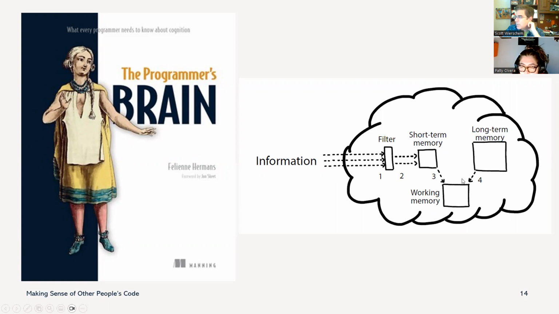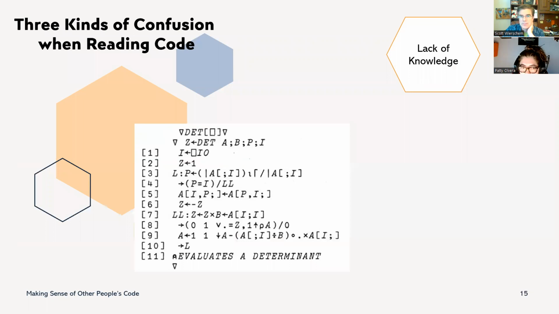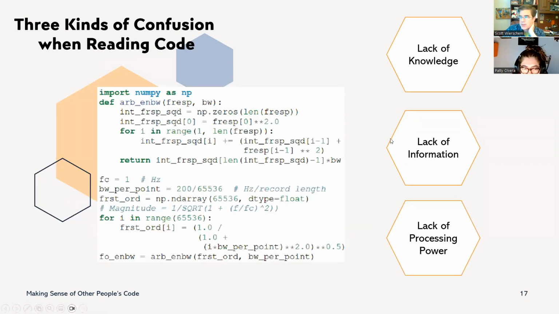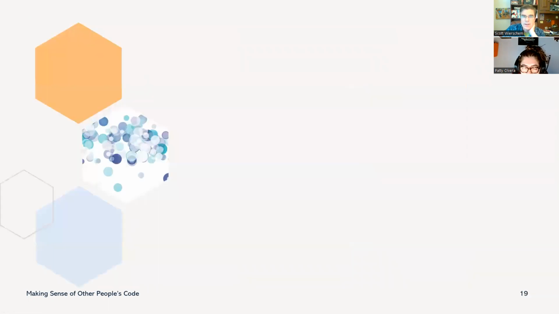Same thing with your working memory, and then it gets associated with something in your long-term memory, and that's how you keep remembering things. The 3 kinds of confusion: lack of knowledge, where you're completely unfamiliar with something; lack of information, where you don't know enough about it; and finally, lack of processing power. There's just too much to do and your brain gets overloaded.